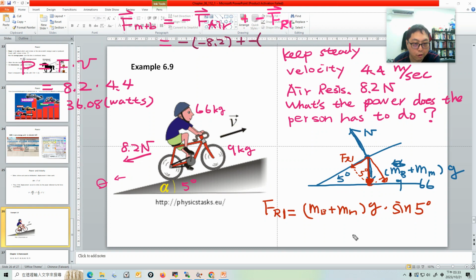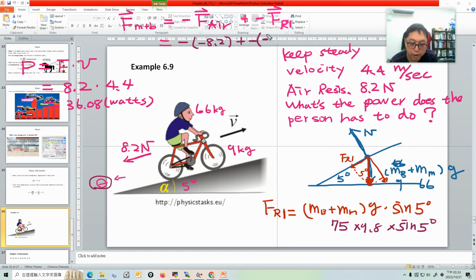So it's 75 kilograms, it's 66 plus 9, times 9.8 times sine 5 degrees. And its direction is this direction, and we also said this direction is negative.